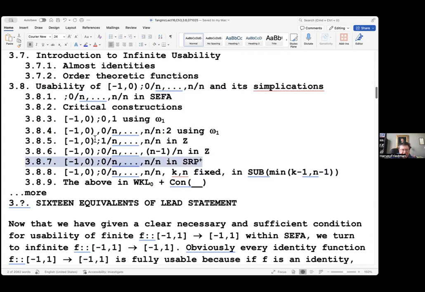Not only does it take care of this, but it's also one main construction which takes care of doing other things like this, and this, and this. Although this one doesn't need too much of the critical construction. So today we're just going to go through 3.8.5. We're going through this.